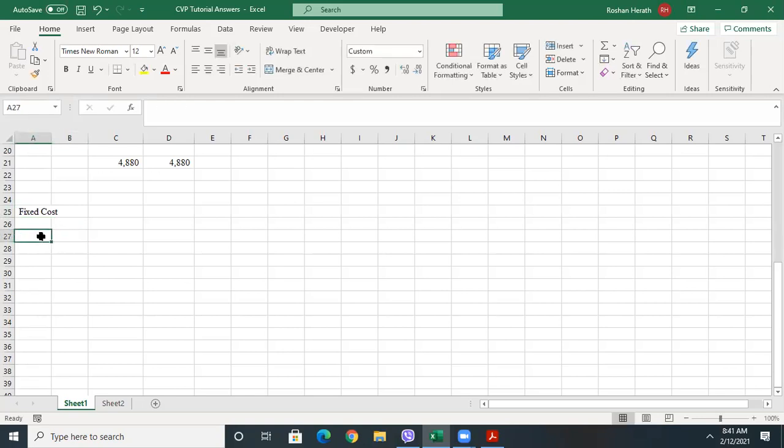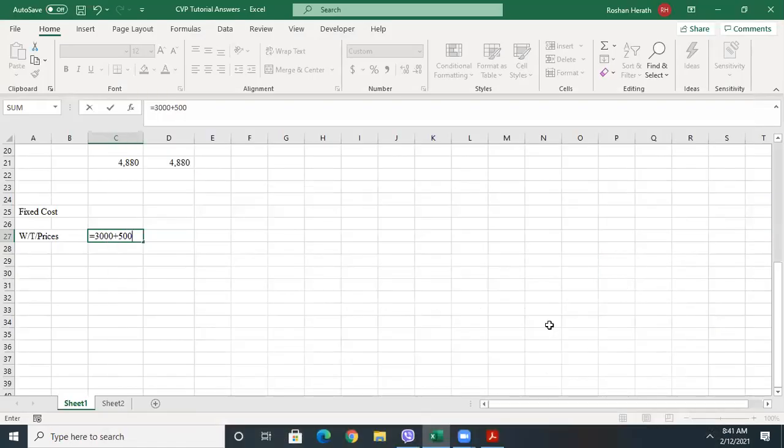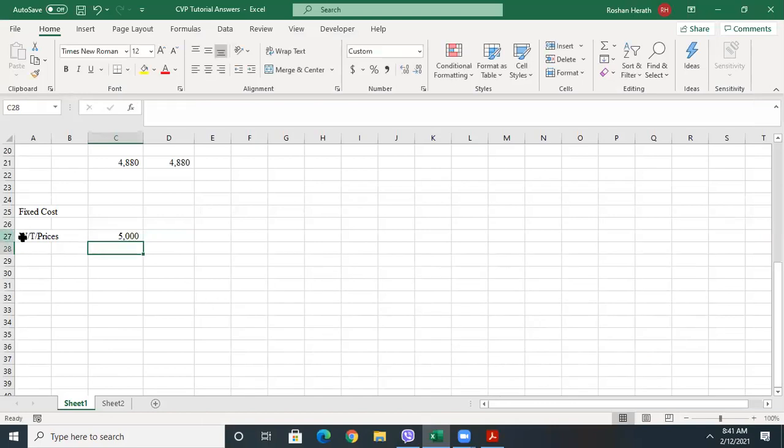So you can see the winning team prizes. It is 3,000 cash prize plus per bat, it's 500. It costs you 500 into 4 bats, so it's 2,000 for the bats.